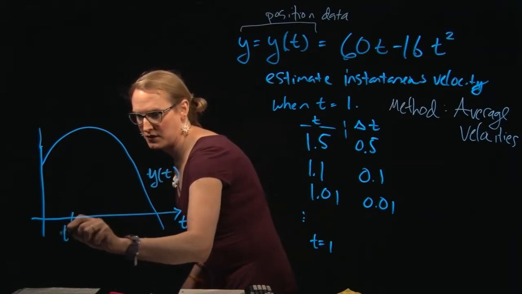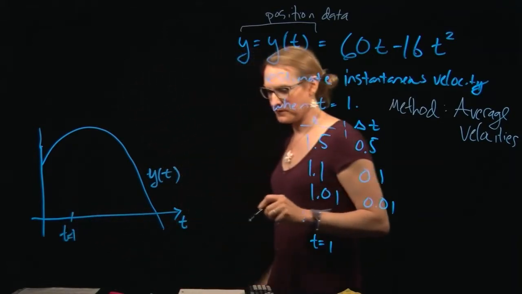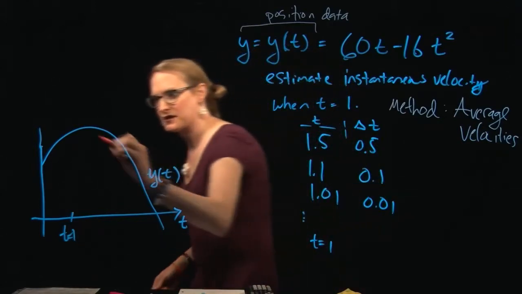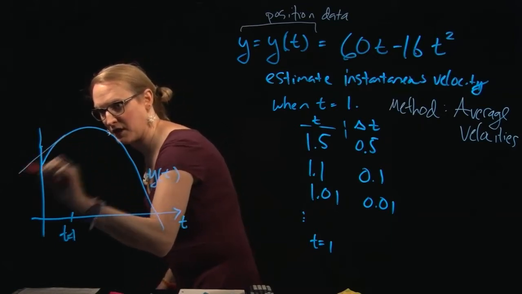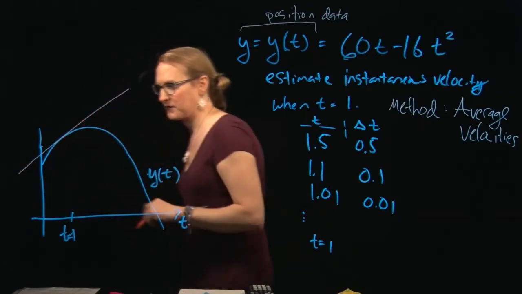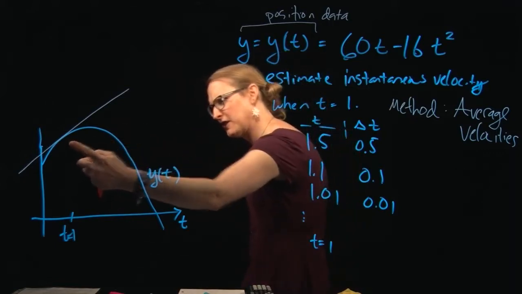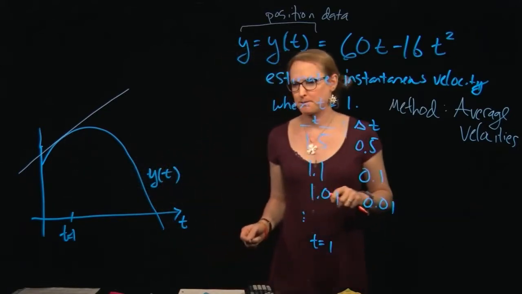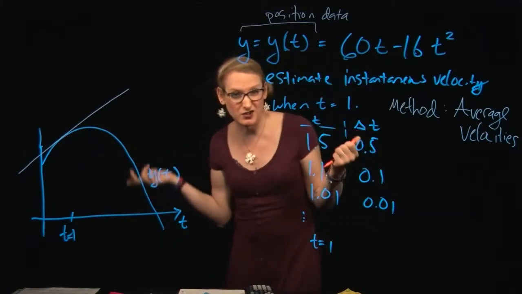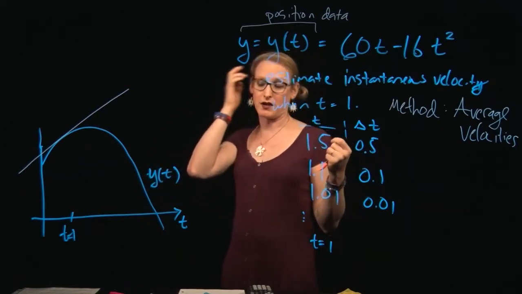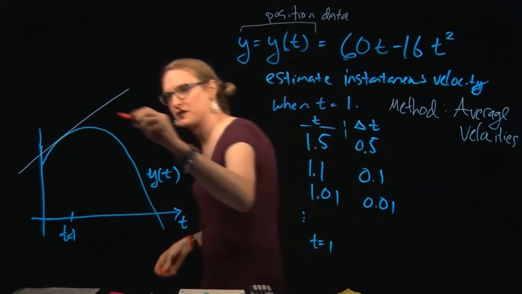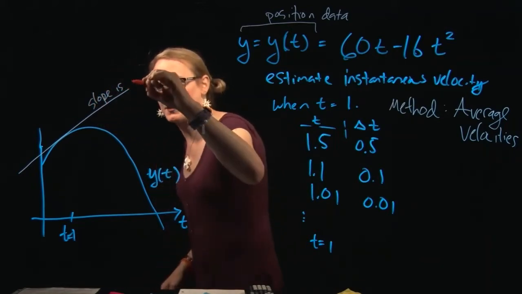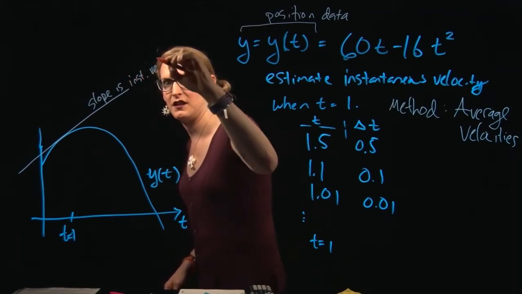t equals 1 is down here. The thing that we're trying to estimate is the slope of the tangent line right here. That tangent line just barely touches the curve, at exactly 1 point. We only have 1 point on the curve, but we need 2 points to write a line, so we need a second point. So we want the slope of this line, which is the instantaneous velocity.